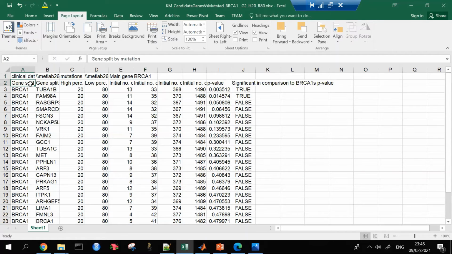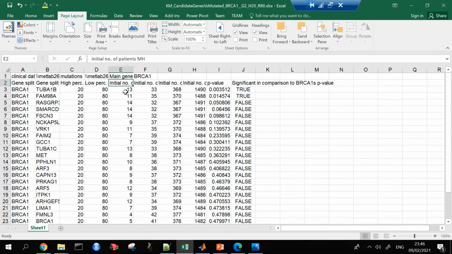So we combined here mutation in the driver gene and a separation by expression in the candidate gene. So here is our candidate gene. The candidate gene was split by high percentage 20 and the rest 80.